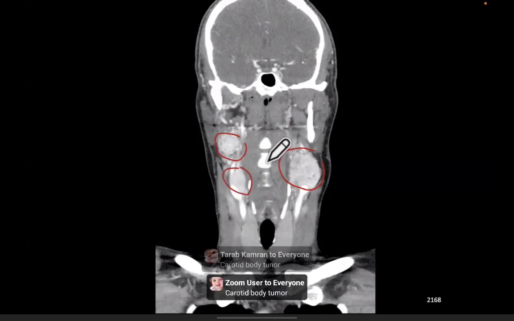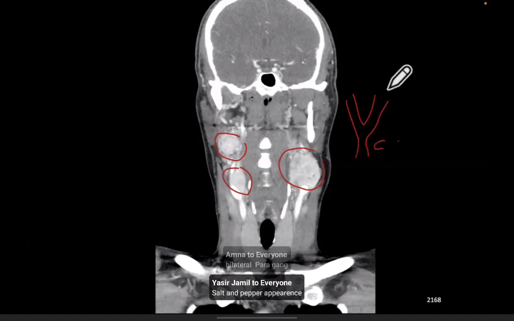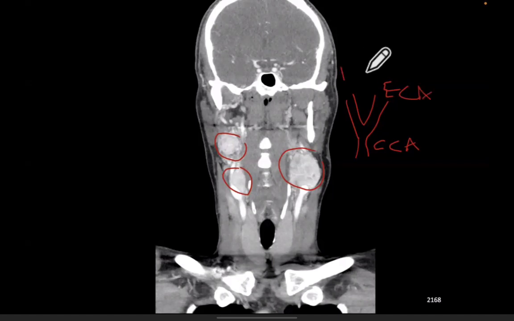Carotid body tumours, yeah, paragangliomas, and these are multiple, bilateral, and usually it's at the bifurcation of the common carotid artery into the external and the internal carotid artery. So this is where you tend to get the carotid body tumours. They tend to be within the carotid sheath around this sort of area here.